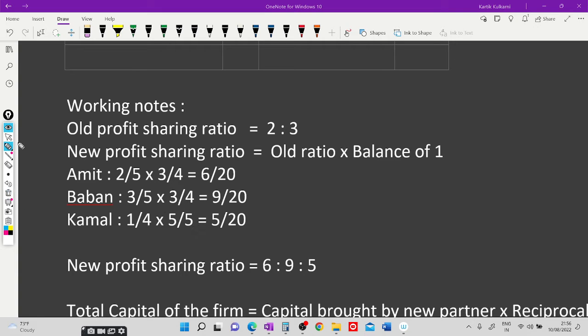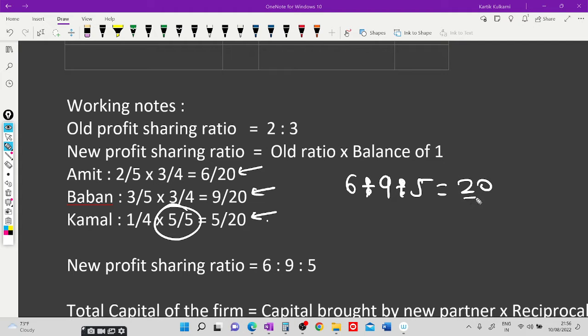So you can see that we have common denominators now. To get the common denominator, we have multiplied both sides by 5/5. So the new ratio comes out to 6:9:5. That is out of total 20 parts, and this will be the new ratio.